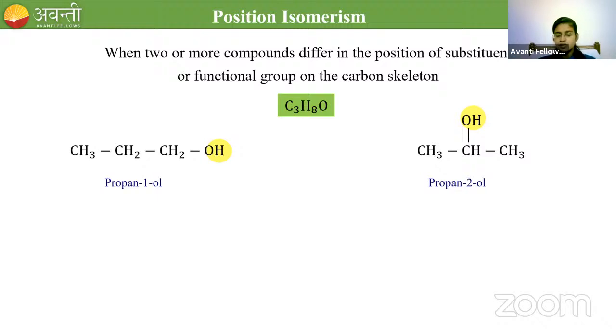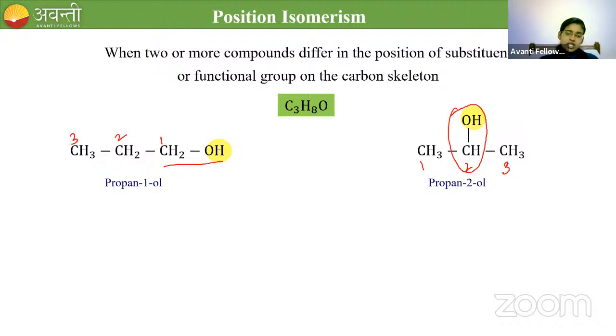But why is one called propan-1-ol? Because OH is attached to carbon number 1. And here OH is attached to carbon number 2. So the position of the functional group is different. That's why this falls under positional isomerism.